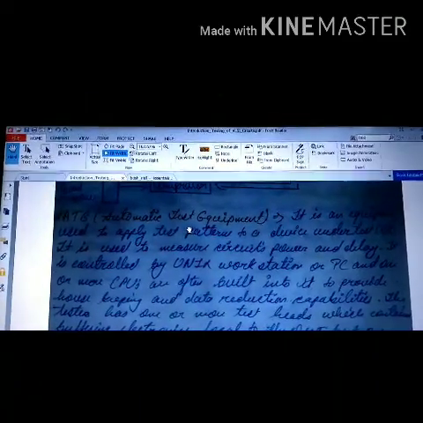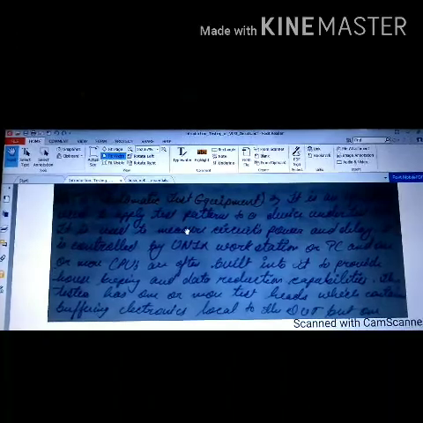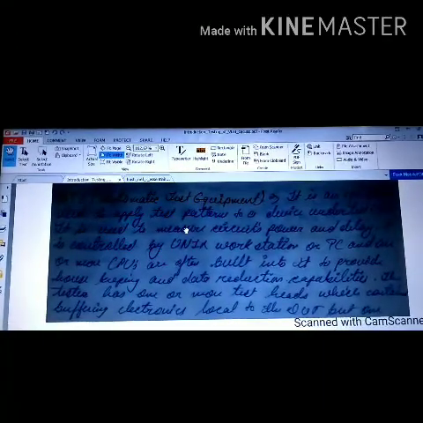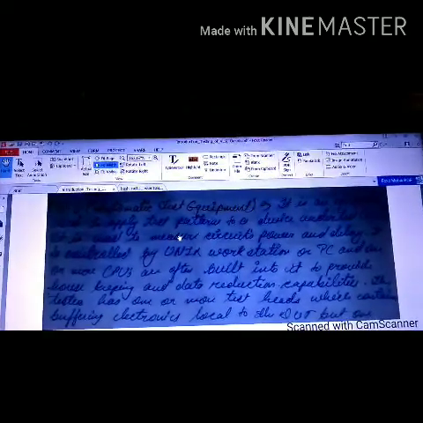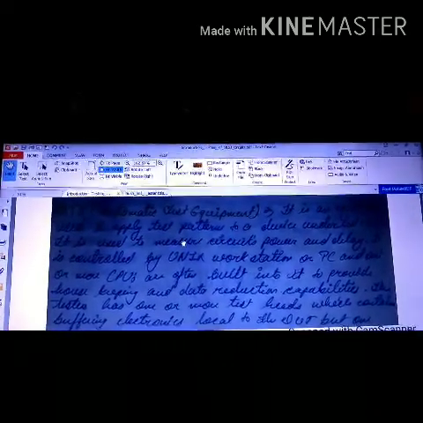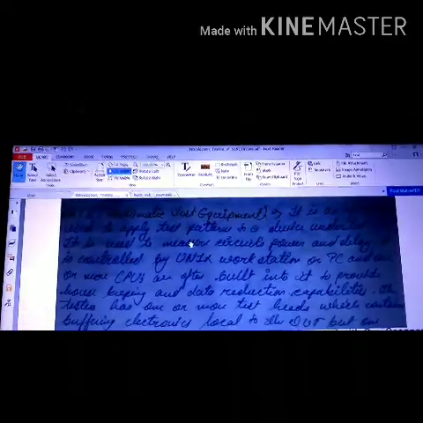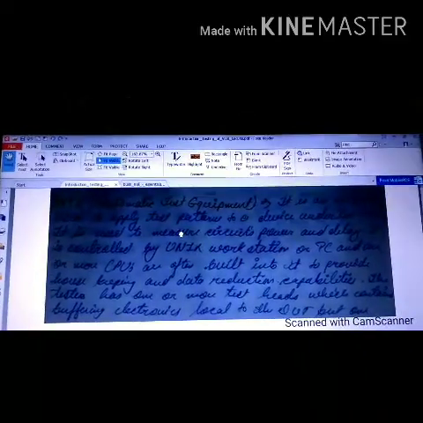Then the other important thing related to ATE is that it is part of every system at frequency. The higher the frequency, the less time it will take to test different circuits.